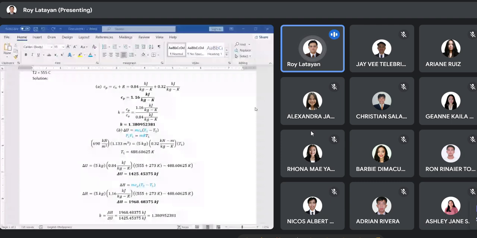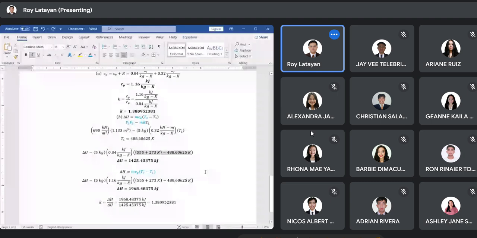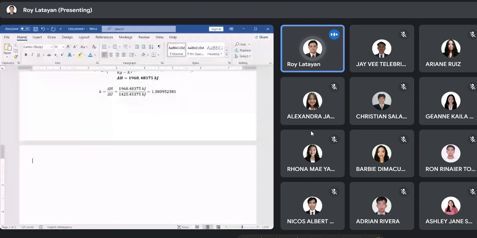So, ito pong English unit naman po. English unit. So, may request, English unit. So, tatapusin ko na sana yung discussion pero okay. Kulang na lang po kasi tayong problema.